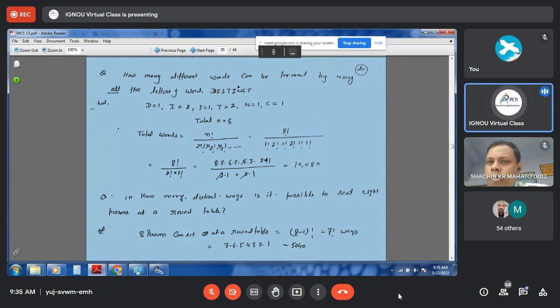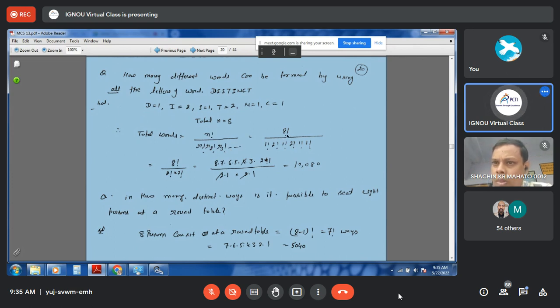See, here the situation is: the total objects are n, in which r1, r2, r3 are the repeated objects. So we use the formula: total number of words is equal to n factorial divided by r1 factorial, r2 factorial, r3 factorial and so on.